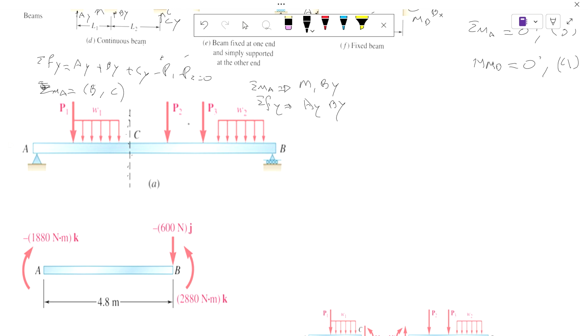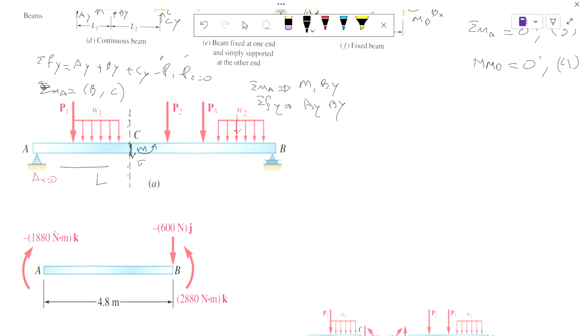We know that we have a P1, a P2, a P3, and a W. This W2 is also a distributed force that could be turned into a concentrated force, so it will basically be a force somewhere. We can do moment at A, we can do summation of forces, find Ay, By, and we already know that Ax equals 0. There's no other force there. But once we do that, the second step is to cut the material somewhere. We decide where to cut, knowing the length, and from that point, we can find the shear and the moment.